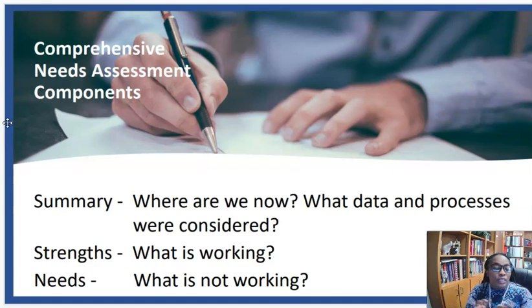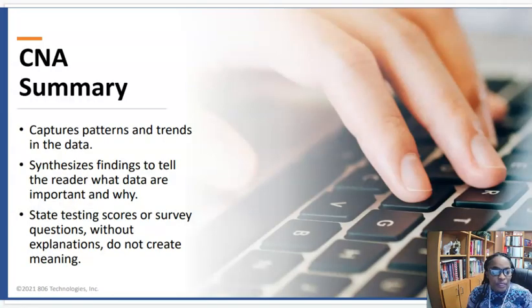We need you all to take the time to review those data points. You'll have more than enough time so that you can look at it, chew it, process it, and then pose your questions on the side. Also look at, again, what is working and what is not working. What are some of our needs that we need to address?